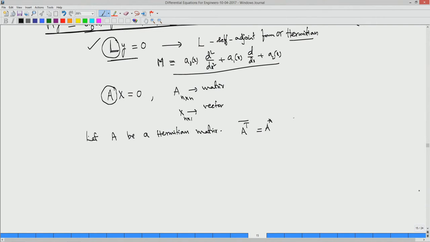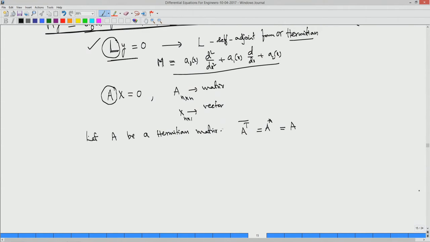This is the same as A itself. If you have real entries, this is nothing but A transpose equal to A. If your matrix has complex numbers, then the bar makes sense. So A transpose bar, that is A star, equal to A.